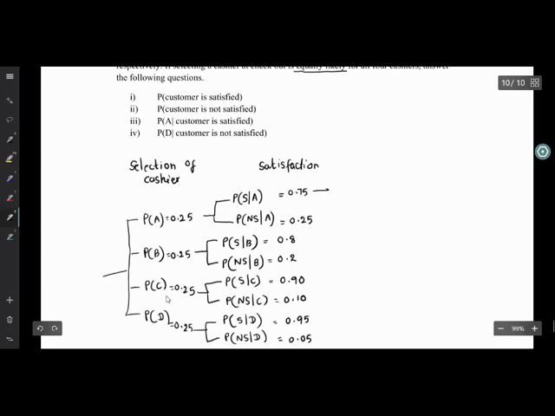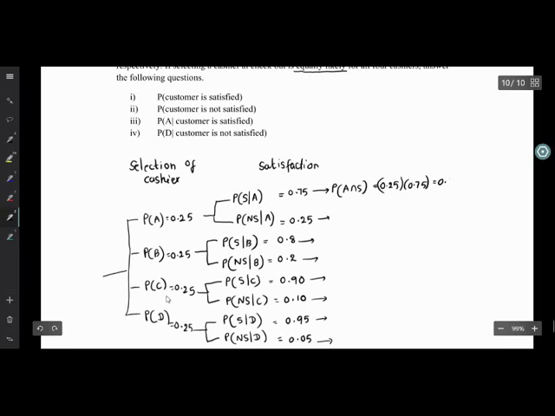Now you have to multiply along these 8 paths to get the intersection, which is the multiplication rule. So we'll see what we get. This is the probability the customer got the service from A and is satisfied, which will be 0.25 times 0.75.